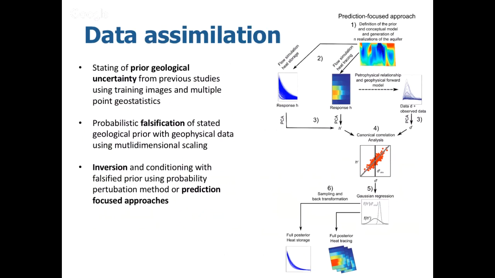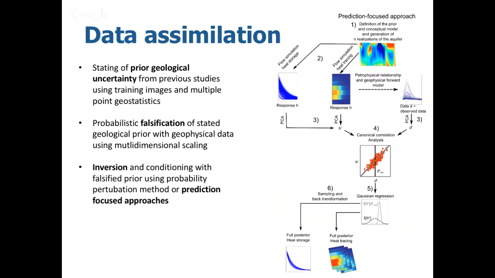This is a flow chart, but basically we do this in a stochastic framework, and our first idea is that we have a huge prior uncertainty, in terms of the geological scenarios that we would consider. So our first job is to start reducing this prior geological uncertainty using our geophysical data.